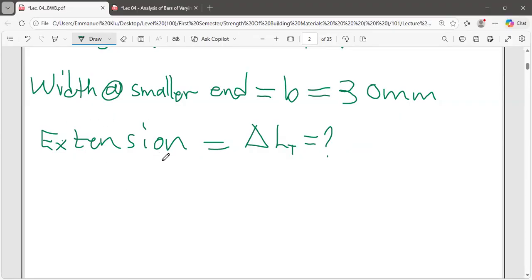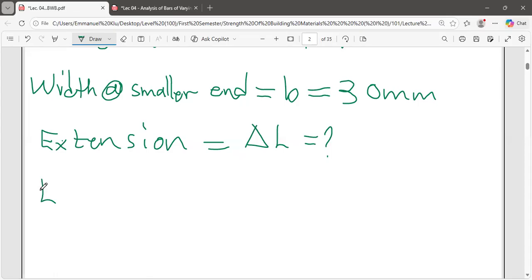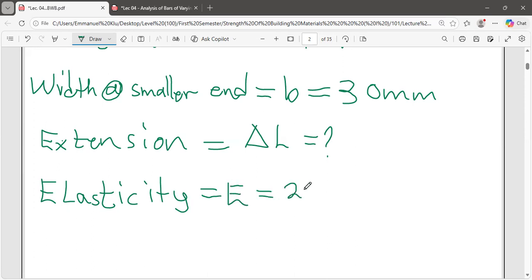So finally, the elasticity E is equal to 2 times 10 exponent 5 Newton per millimeter squared.